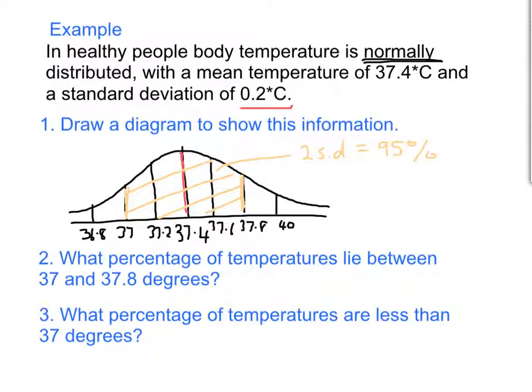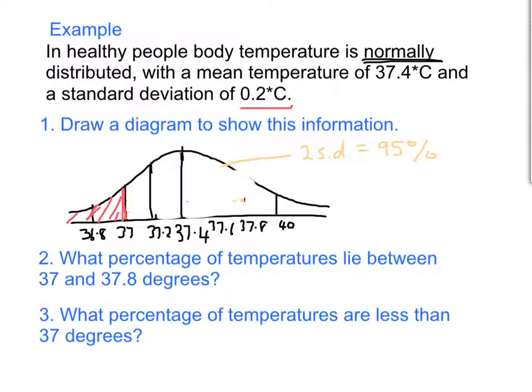What about, I'm going to rub all this off. Oh, whoops. Didn't mean to rub all that off like that. What about the next question? What percentage of temperatures are less than 37? Okay, so 37 is in this section here. And that's less than 2 standard deviations.